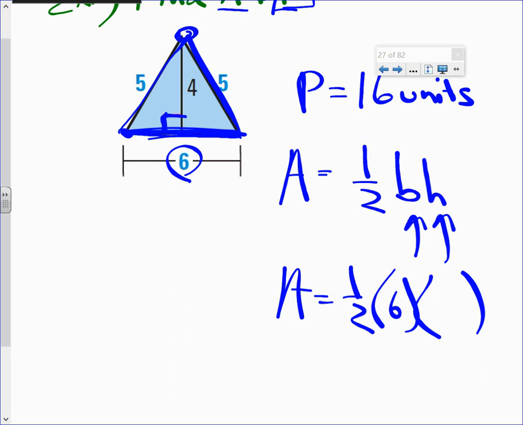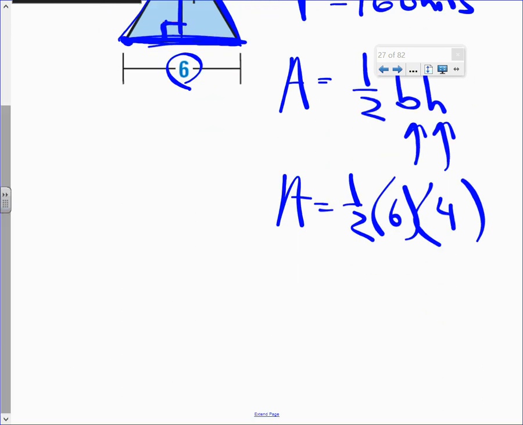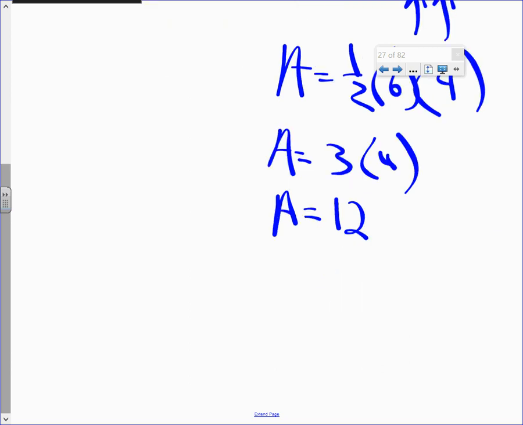Base, opposite vertex. What's the perpendicular distance? It's going to be 4. That goes for the height. We're rocking and rolling. Question so far before I do the multiplication now. Area then is 1/2 times 6, which is the same as 6 divided by 2, which would be 3. 3 times 4. Area is 12.